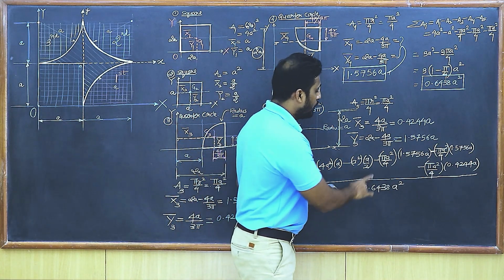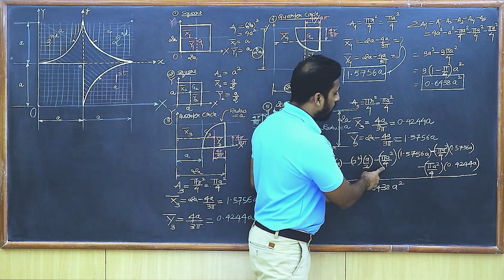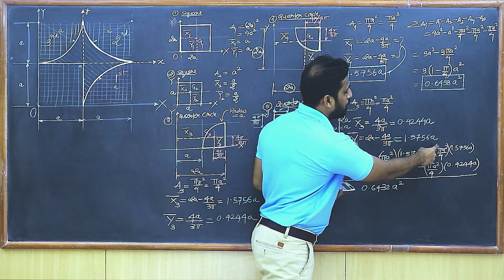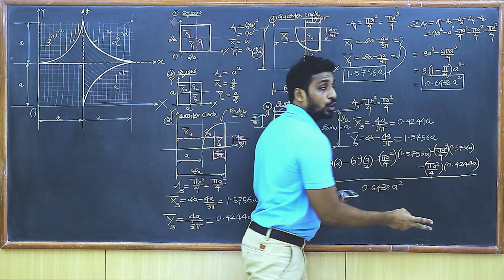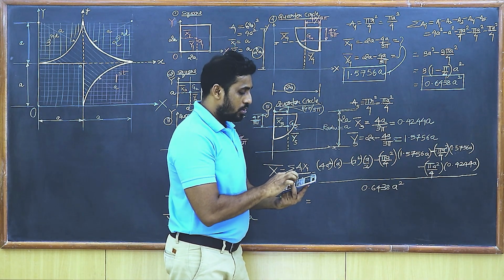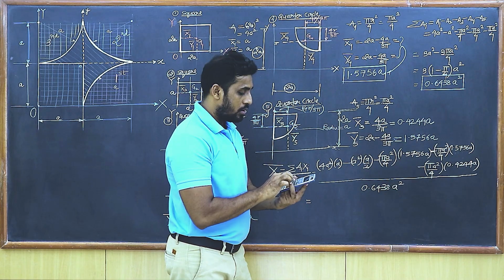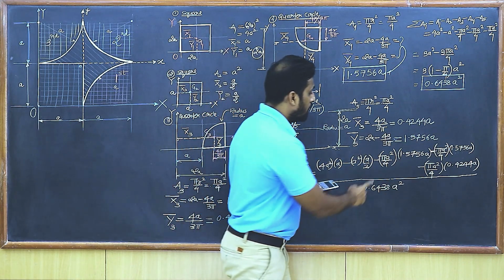Then next value minus there is pi by 4, 1.5756, pi by 4, 1.5756. 2 times it has come. So I'm going to write 2 into pi upon 4, isn't it? This 2 is for what? There are 2 terms.